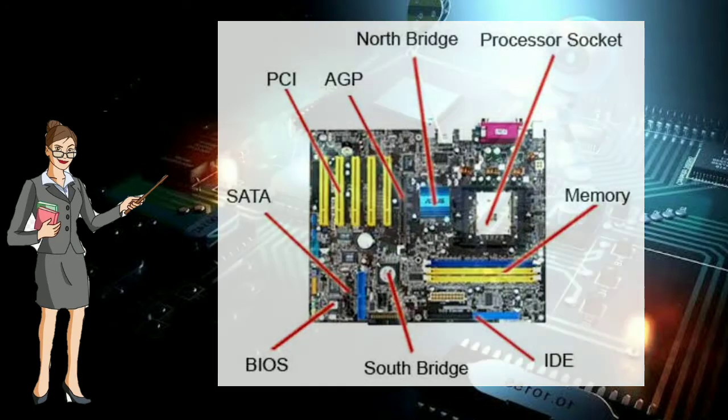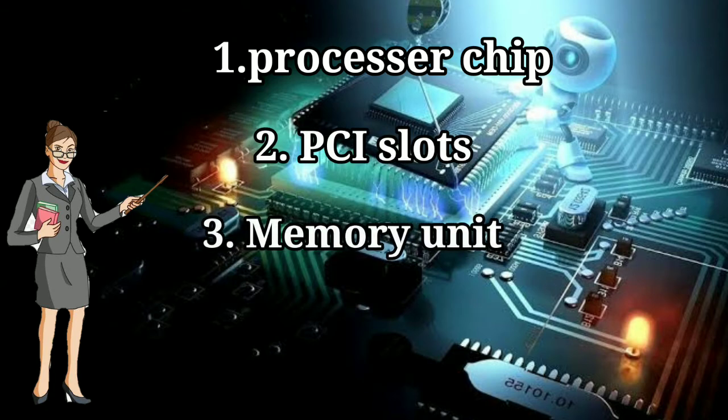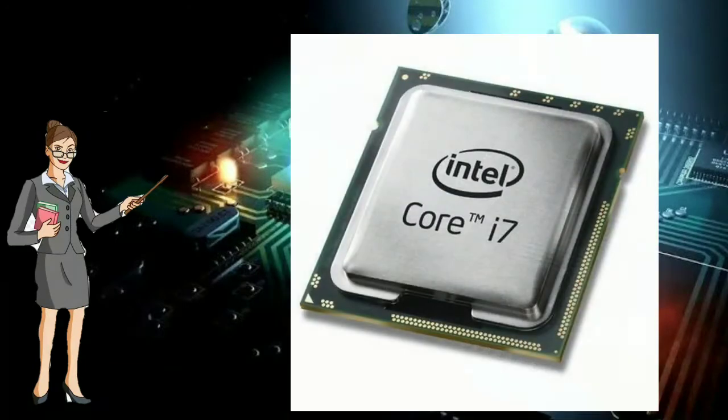The motherboard consists of A, processor chip, B, PCI slot, C, memory unit. A, processor chip. What is meant by processor chip? This is the chip that does the thinking and processing for the computer.